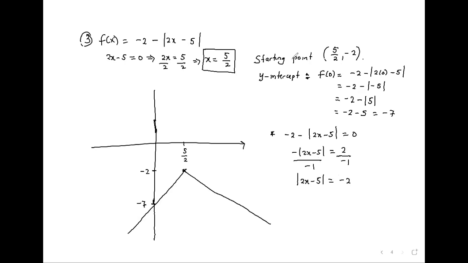This thing has never happened in this world. The modulus is meant to give us positives. It can never produce a negative. That's the reason why when we had -5 here, it started by being 5.